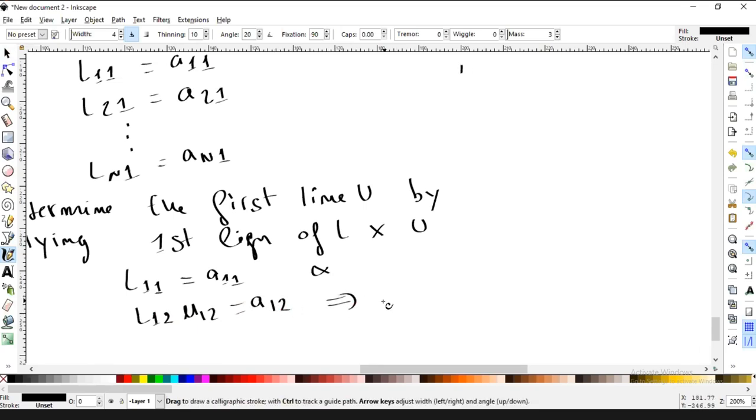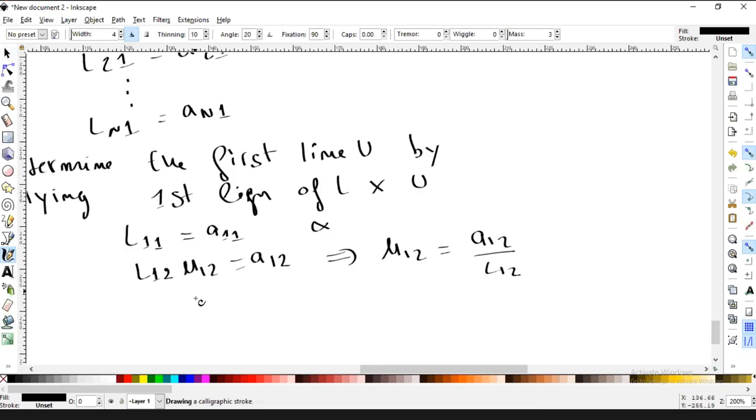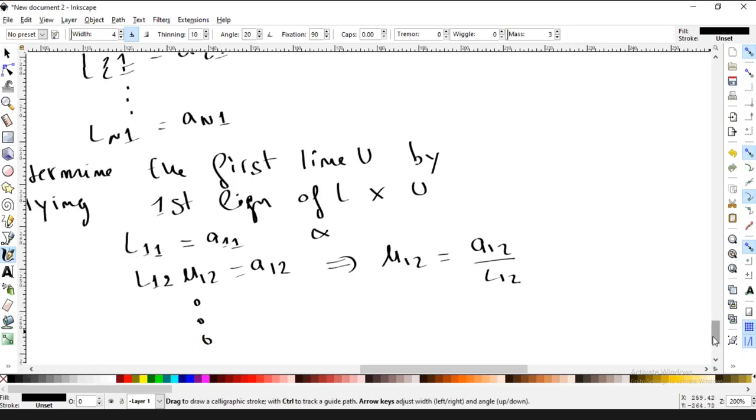Right, and then I determine U12 here is equal to A12 divided by L12. Right, and then I continue here the same thing.